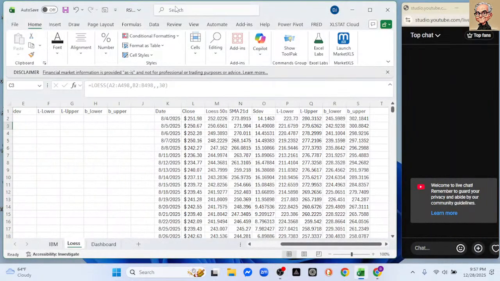Oh, this has been 25 minutes so far. Let's do this. Let's do close. Let's do Loess. Let's come back and do our comparison again.